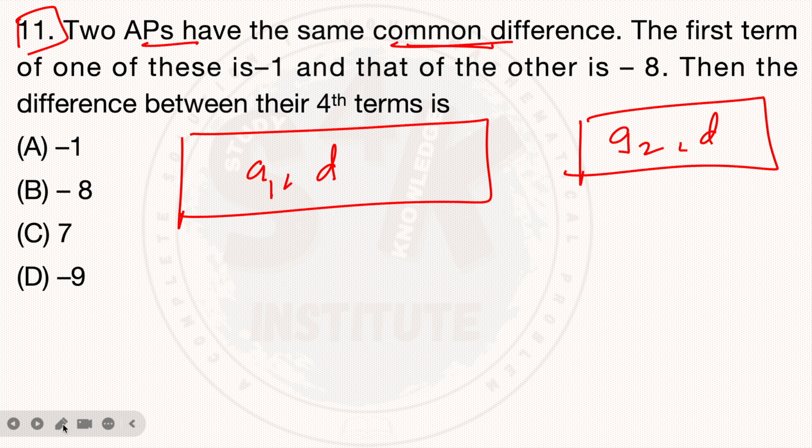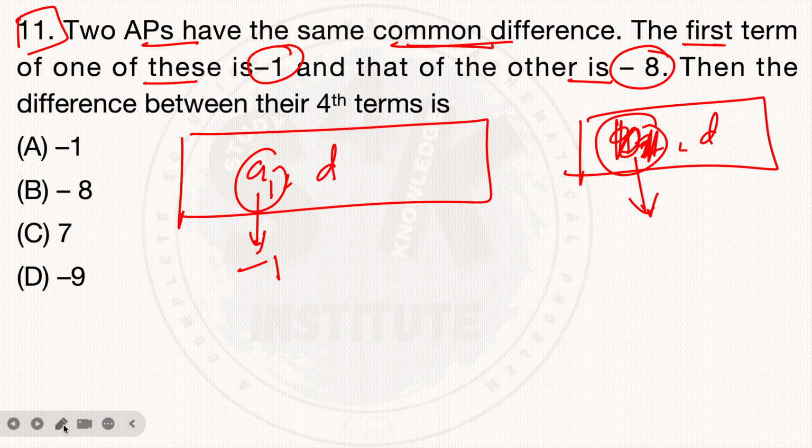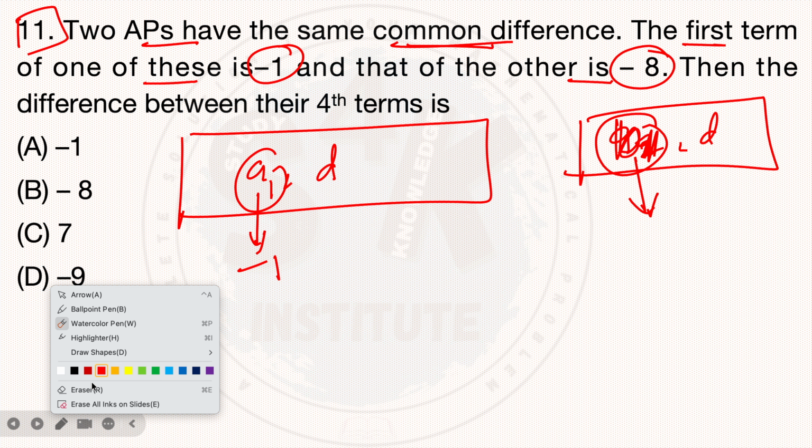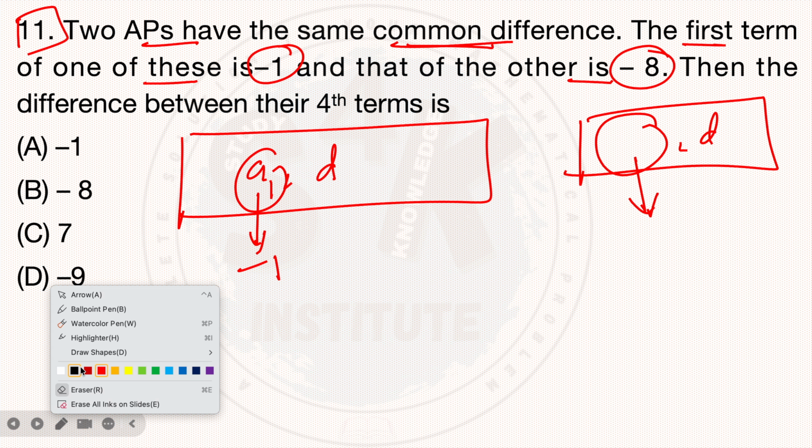Now they are saying that the first term of one of these is minus 1 and the other is minus 8. So the A1 value in the first one is, let's say, minus 1. For the other, instead of A2, let's take B1, so there will be no confusion whether this is the first term or the second term. You may have confusion that sir has written A2, so this is the second term.